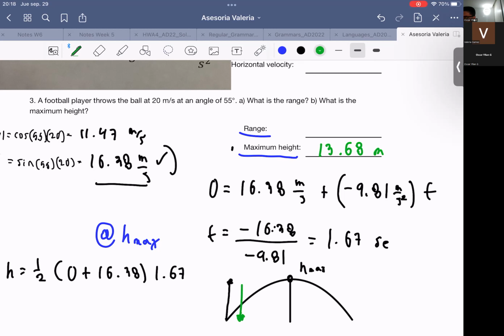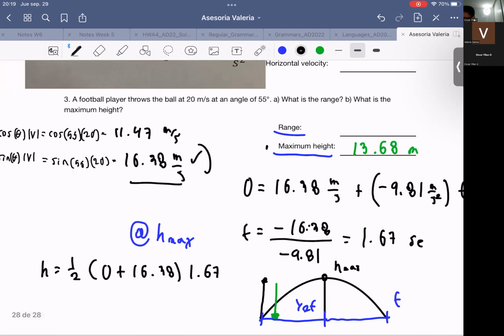So this is just half of the time of the complete parabola. What do you imagine that we have to do in order to get the complete time? Multiply it by 2. Perfect.